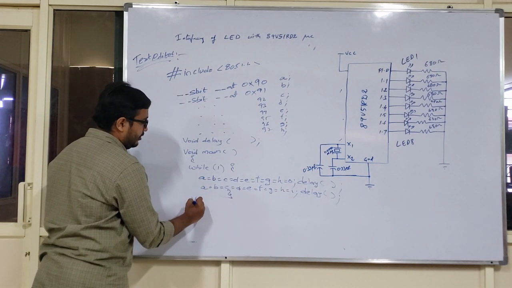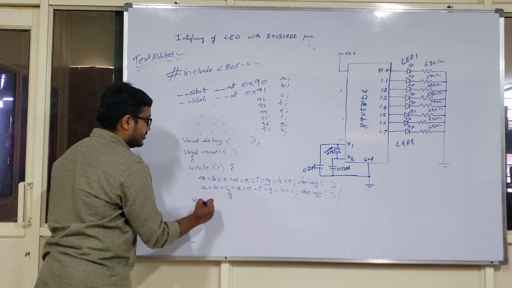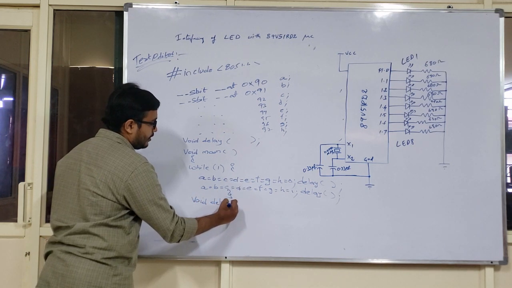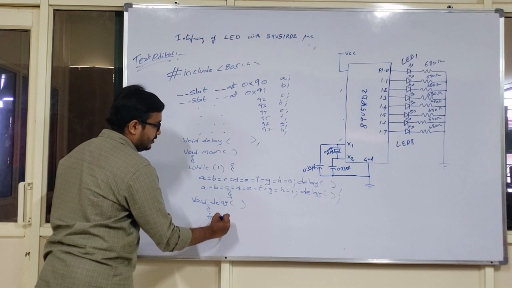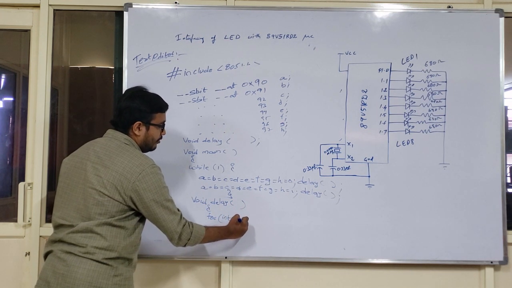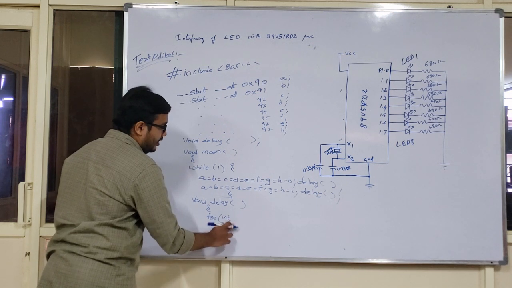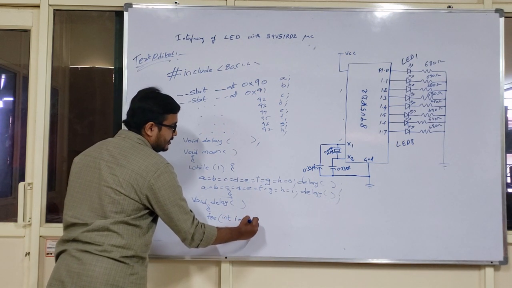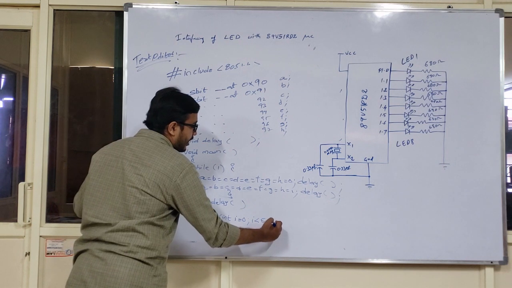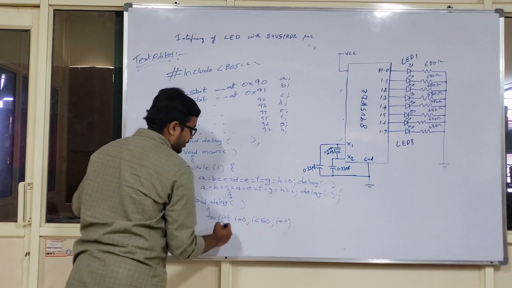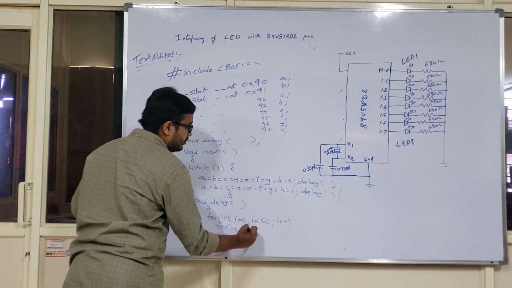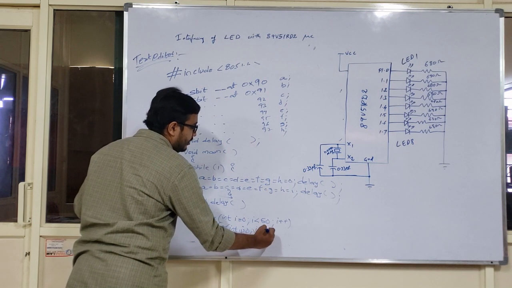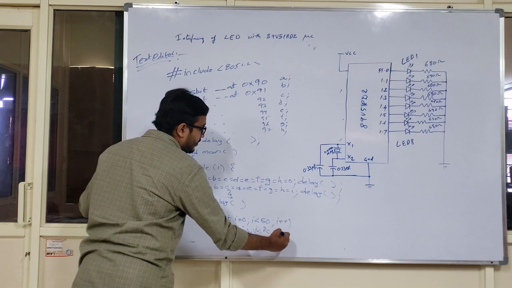Now the definition of your function call, that is void delay. You can write a definition like this: for int i equal to 0, i less than 50, i plus plus. And one more for loop: for int j equal to 0, j less than 80, j plus plus.